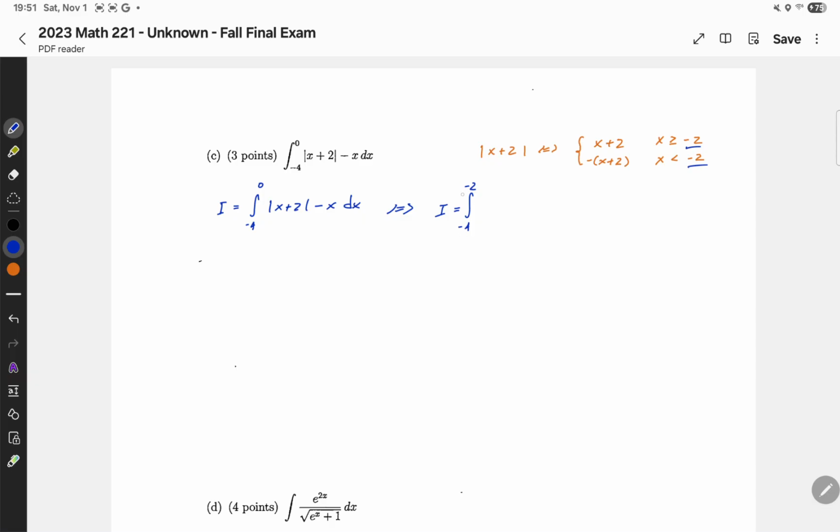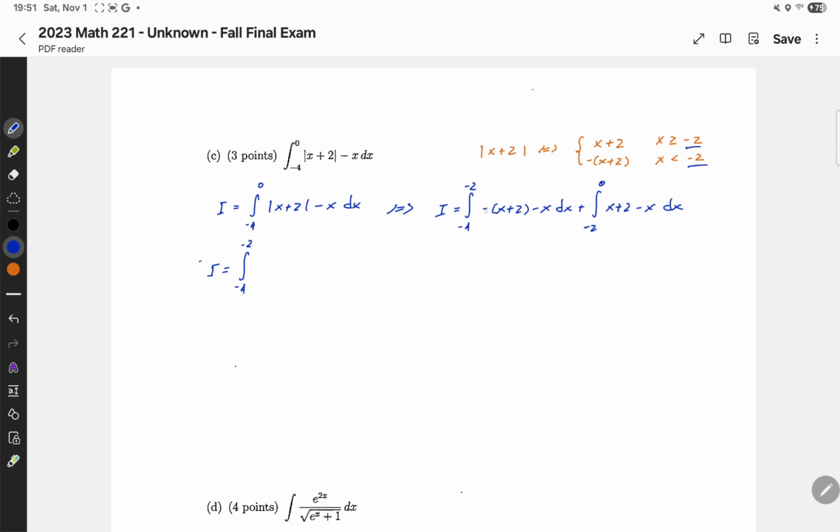And when we're in this negative part, we're using the negative portion. So minus x plus 2 minus x dx. Then we're going to add to that the portion from minus 2 to 0, which is x plus 2 minus x dx, just like that. Now, simplifying, we have I is equal to the integral from minus 4 to minus 2.